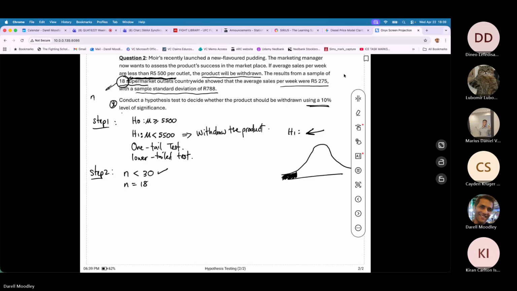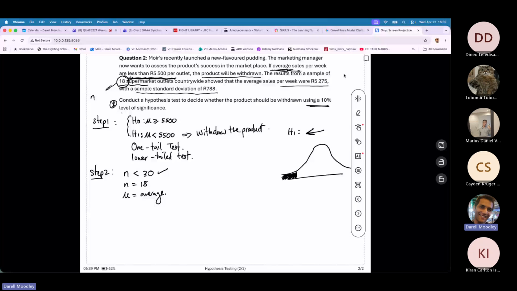Secondly, you are working with averages, because if you look at the text, you're looking at the average sales. Another giveaway is that if you look at your H0 and H1, you're dealing with mu, and mu is an average.